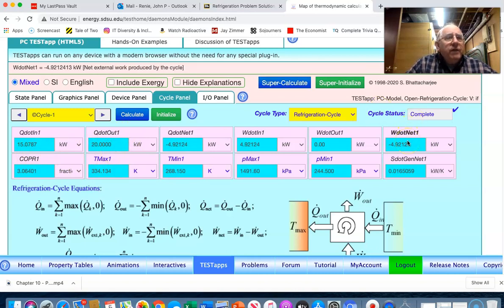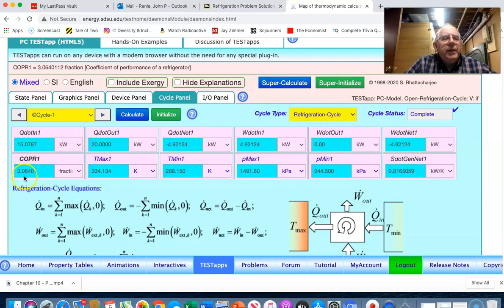Now you'll notice that there is a cycle type up here that identifies the refrigeration cycle. In this particular case, if this is selected, this is the heat transfer that's occurring at the low temperature for this amount of work.